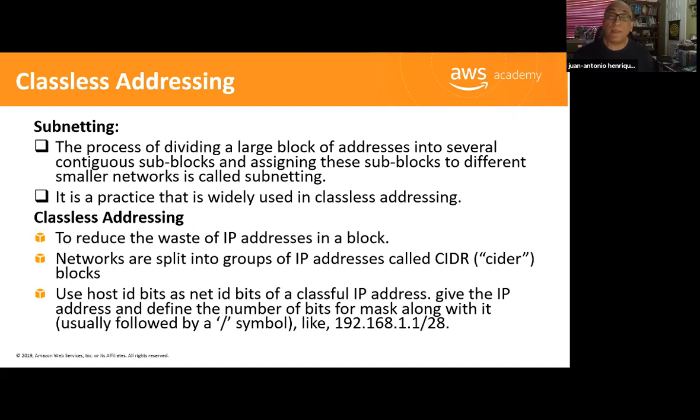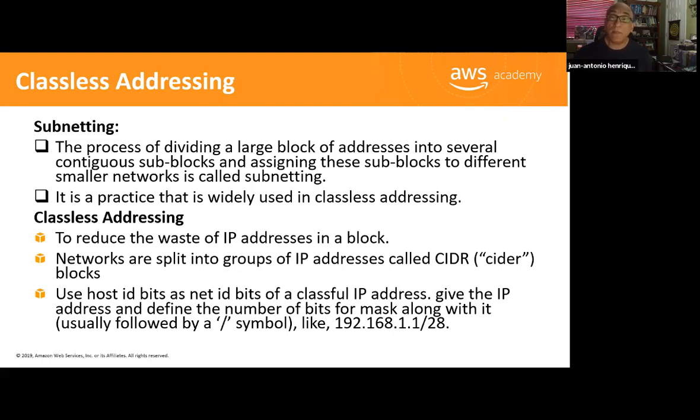That's what subnetting is. It is widely used in the classless addressing mode. And again, remember, classless addressing became very popular because it reduces the waste of IP addresses. The networks are split into groups of IP addresses called CIDRs, or CIDR blocks.